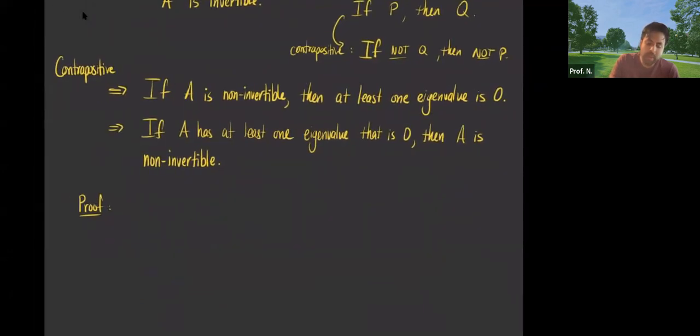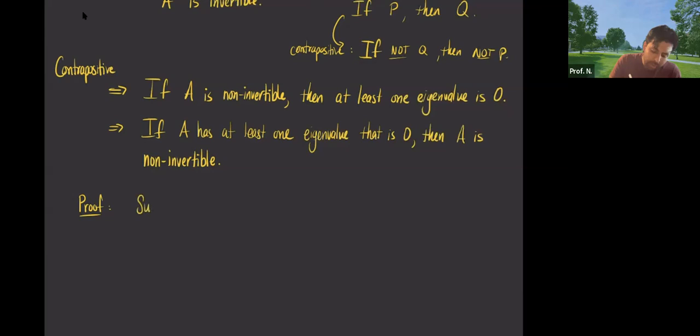So the way we do that is we assume, right? We assume this particular part of the conditional statement to be true. We assume that A has an eigenvalue that is 0.